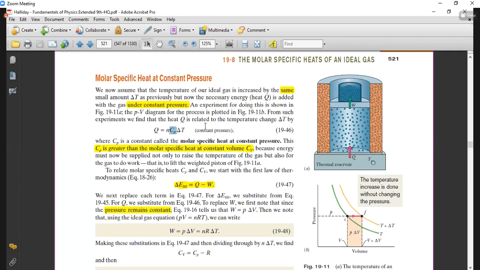So work is done by the system, and also the temperature of the gas increases. Therefore, Cp will always be greater than Cv. Always remember this point for MCQs or conceptual questions.